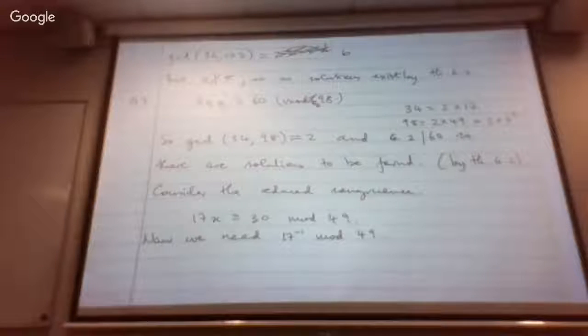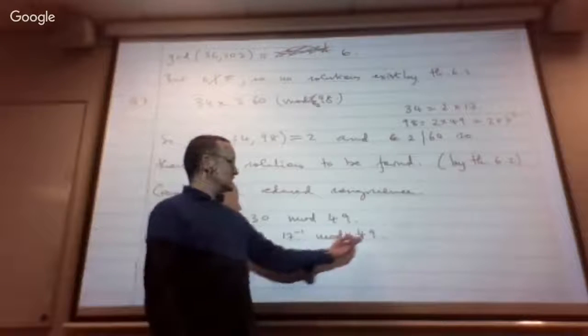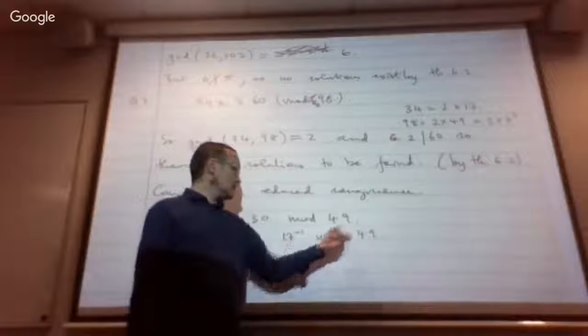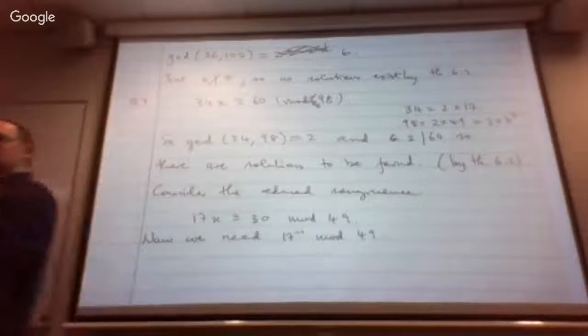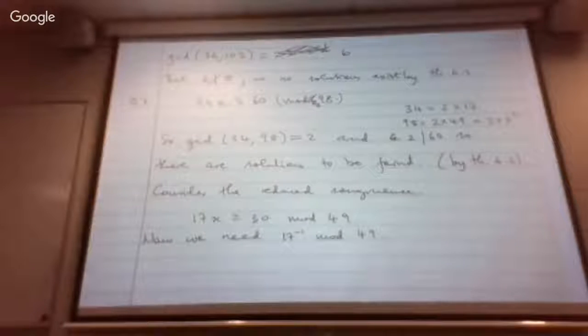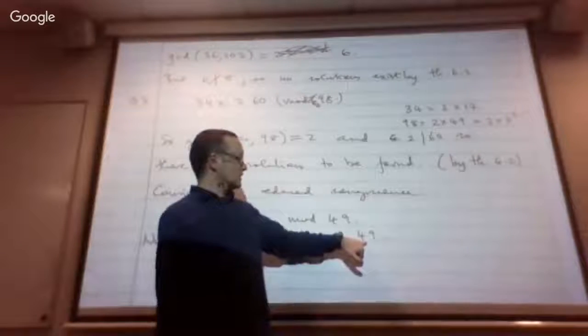See 2 approaches here. You can either run the Euclidean algorithm on 49 and 17. They're coprime. You're going to get the value of 1. And then you generate the linear combination of 17 and 49 that's equal to 1. And whatever the coefficient of the 17 is, that's a representative of its inverse, modulo 49. Or you can use the formula from Euler's theorem, maybe that's what I'm going to use here.